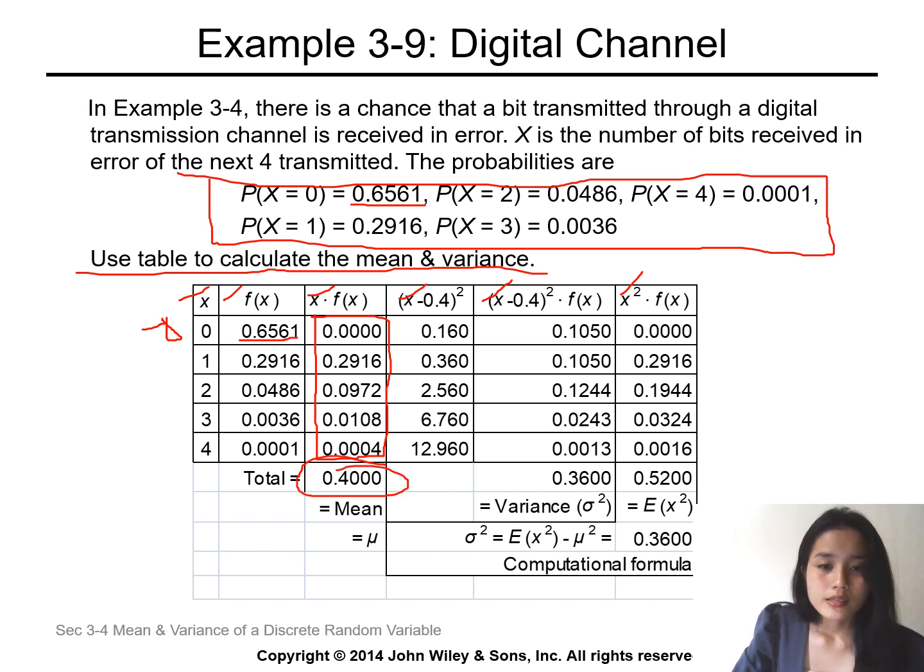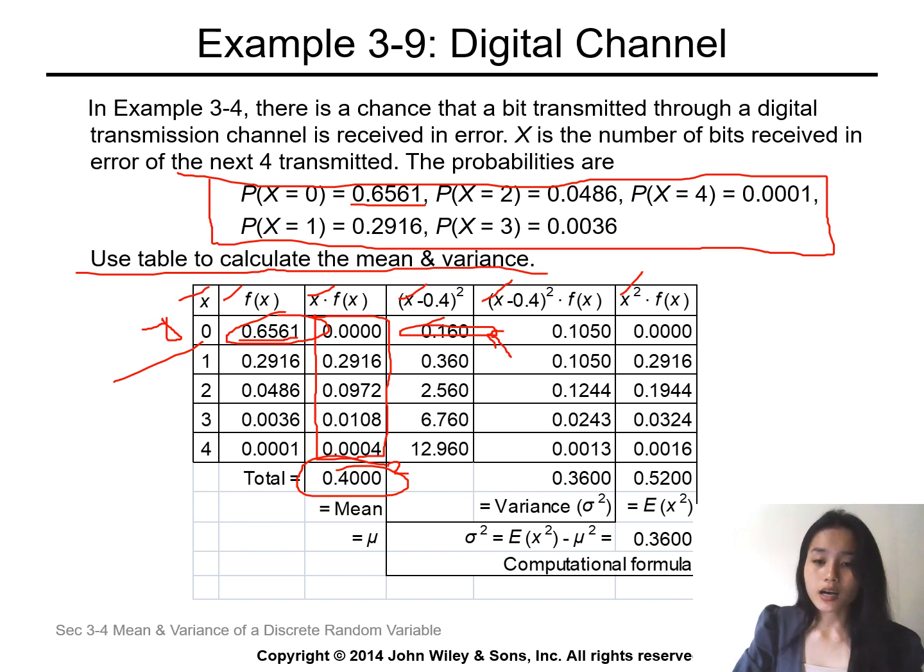For x minus mean squared, x is 0 minus the mean squared. The mean is 0.4, squared, and we get 0.160. For x minus mean squared times f of x, we take 0.160 times f of x, 0.6561, and we get 0.1050.